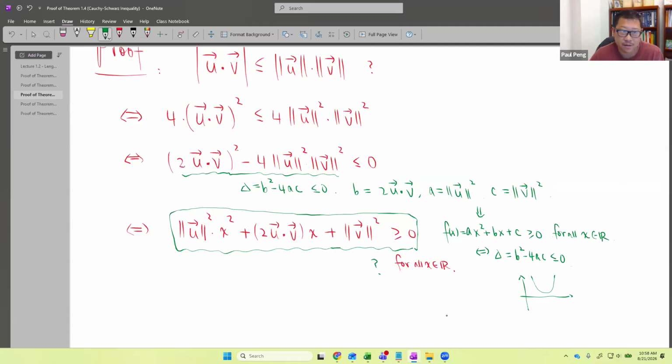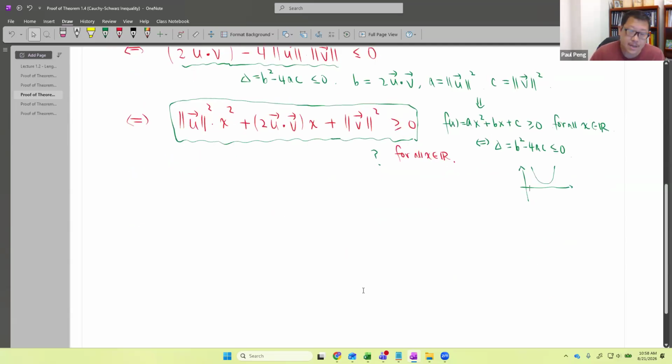It probably touches the x-axis, doesn't matter. So is this true? Which means the y value of the function is always positive or non-negative. That's all we need to do, right? Is this true?